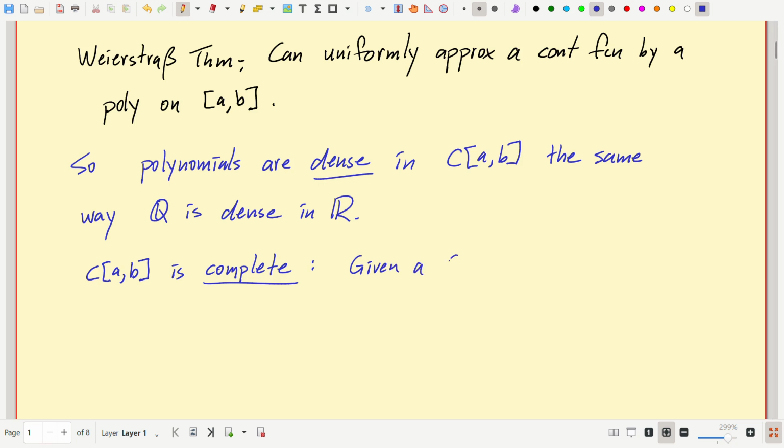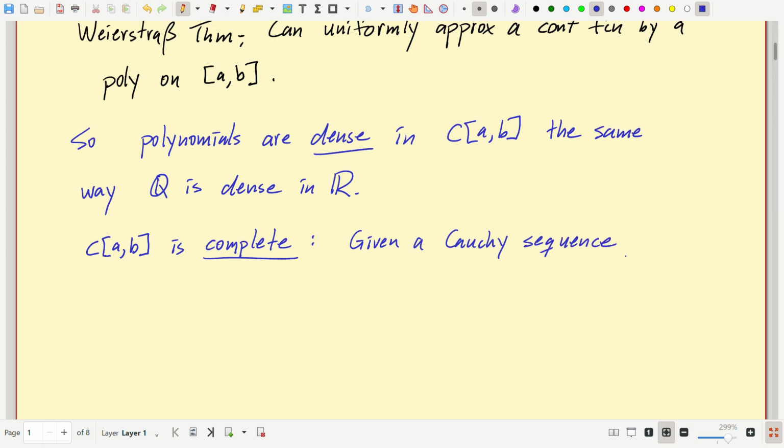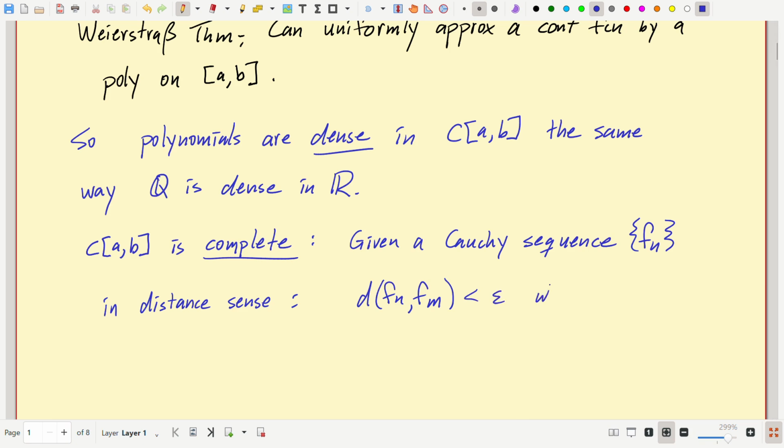Given a Cauchy sequence f_n in the distance sense, that would mean the distance between f_n and f_m is less than epsilon when n and m are bigger than something.